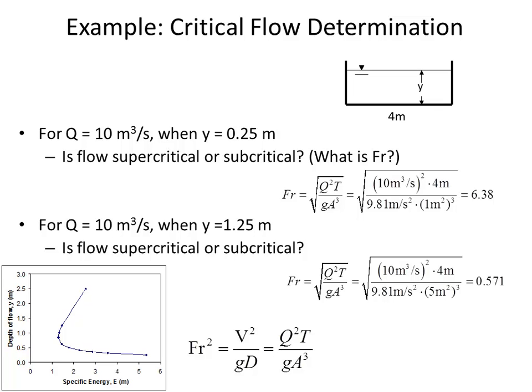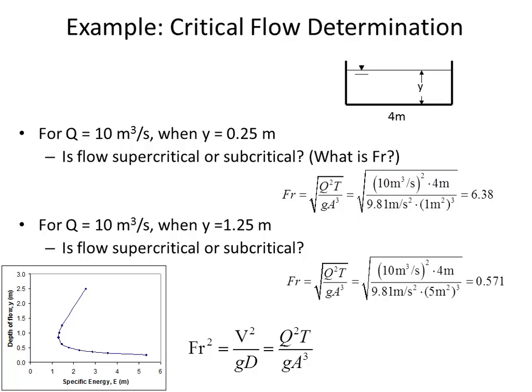Froude number greater than 1 means supercritical. So when the depth is 0.25 meters, that's in this range down below here where we've got fast velocity causing the high specific energy. So anytime the depth is less than the critical depth, we have supercritical conditions. What would cause it to be supercritical? A steep slope. So let me write that.